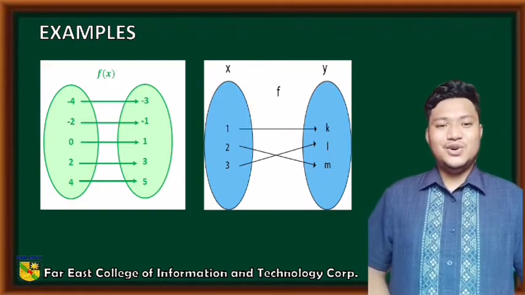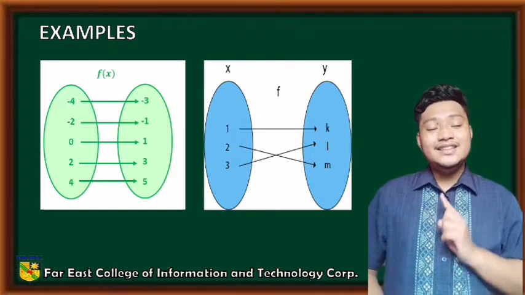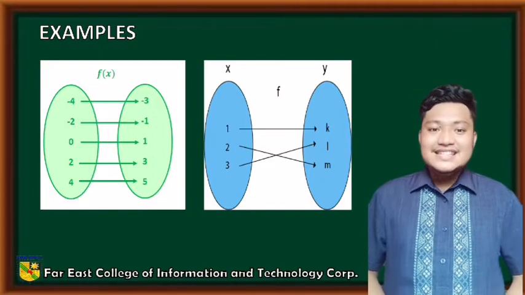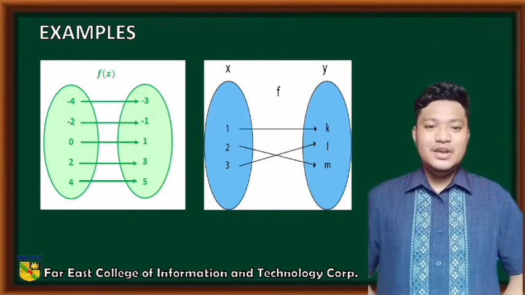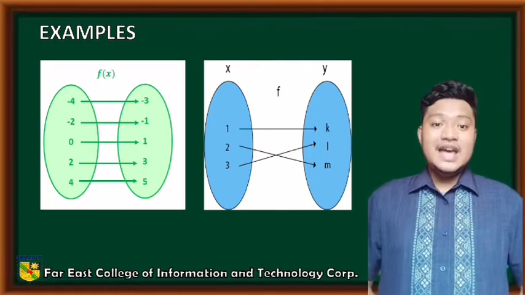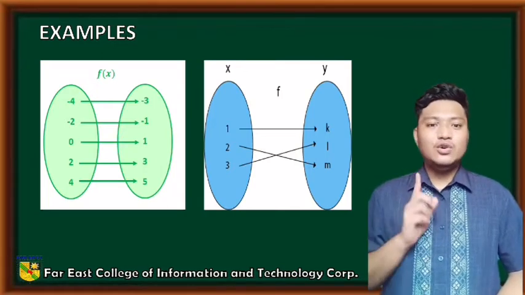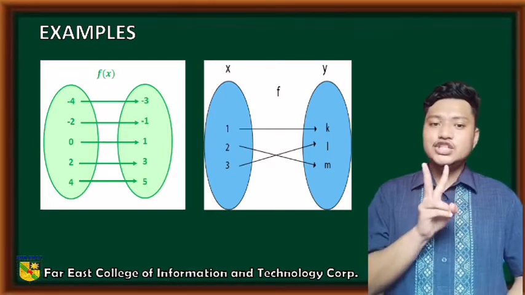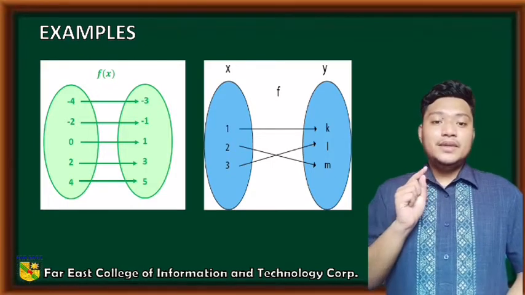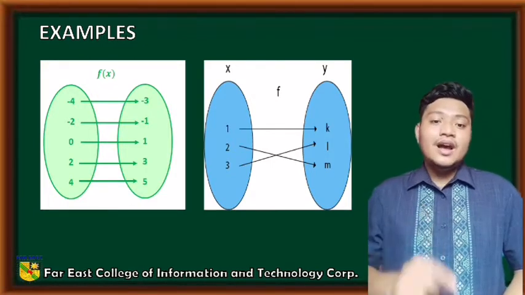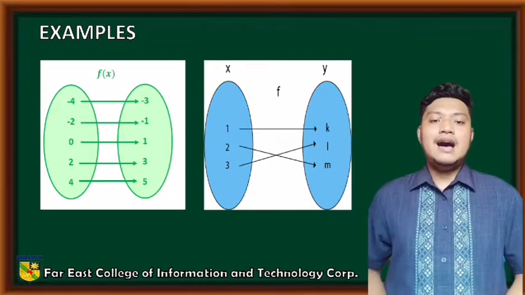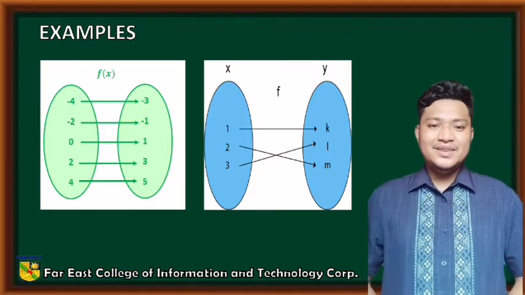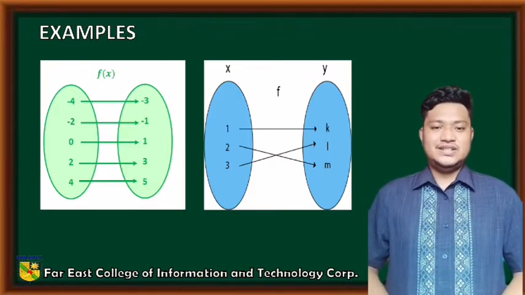But take note, don't be confused that in the second figure they have an intersection, but it is not necessary that the intersection shows the relation there. And take note of this: it is possible that the two elements in a relation are the same. It is called a function if the elements have no same first element. Okay, so it is a function.